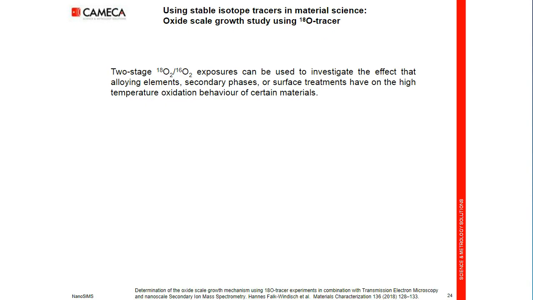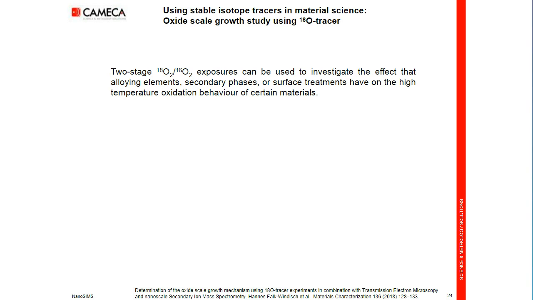Based on mass spectrometry, the NanoSIMS permits also to map the isotopic ratio of one element. So I use this publication from the University of Gothenburg in Sweden, where they are studying the oxidation mechanism of a metallic alloy.